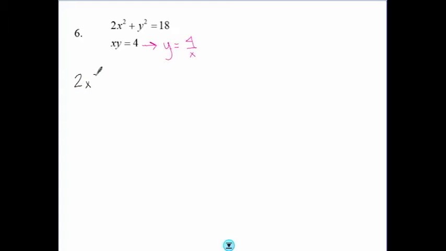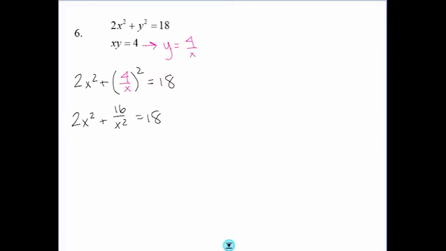So I have 2x squared plus 4 over x squared equals 18. So I need to square this fraction. So I get 16 over x squared.